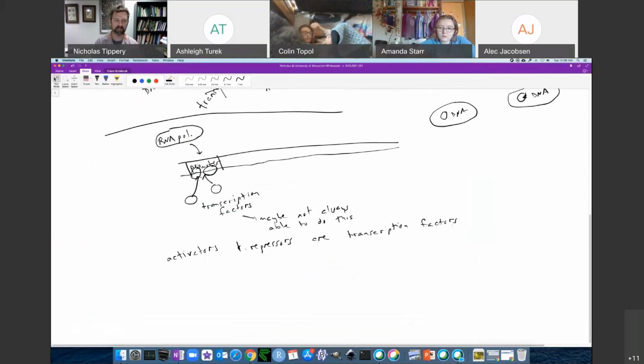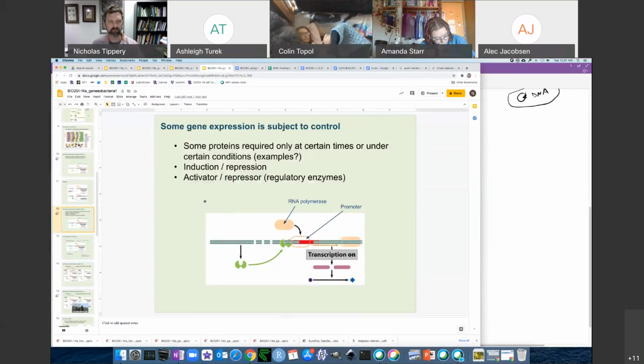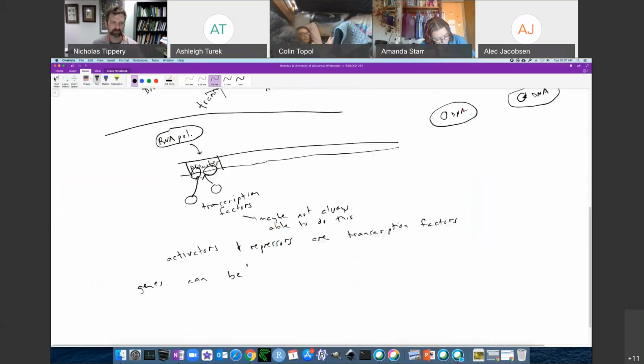So we have already activators and repressors, and we're also going to see genes that are induced or repressed.